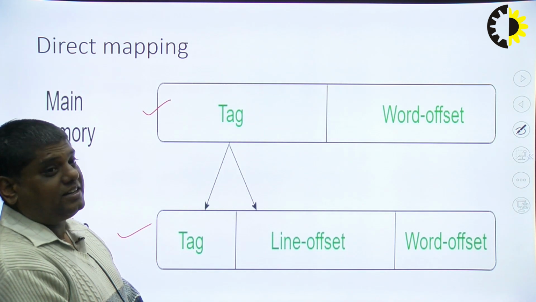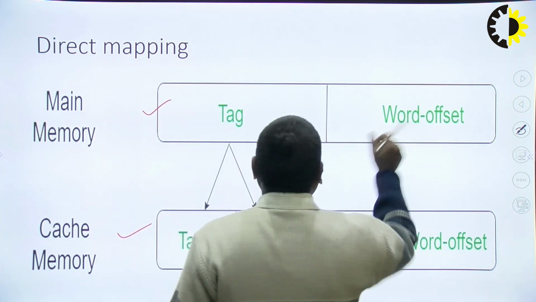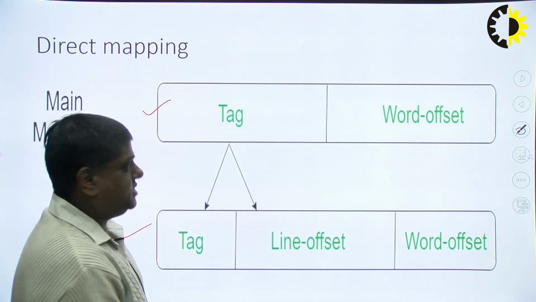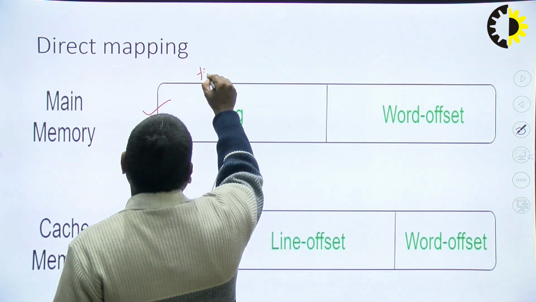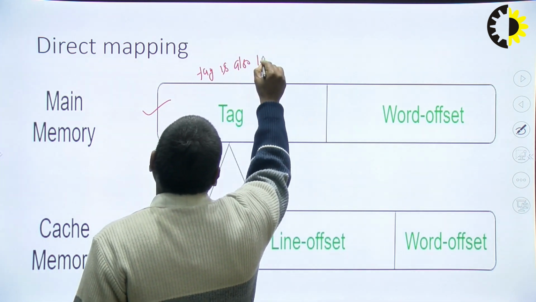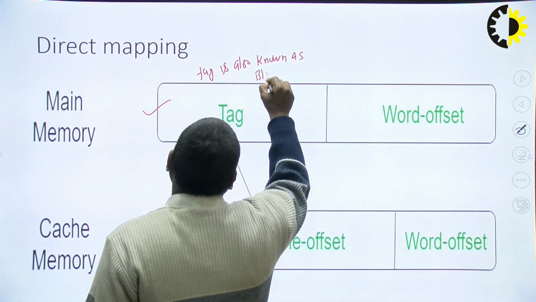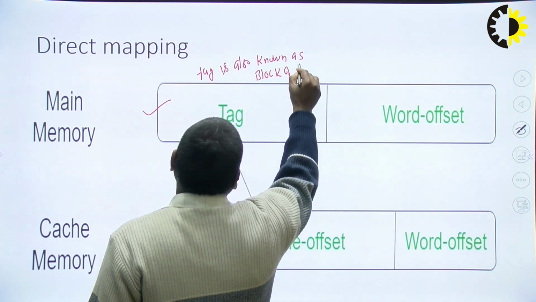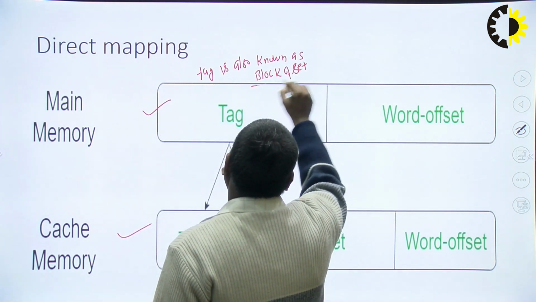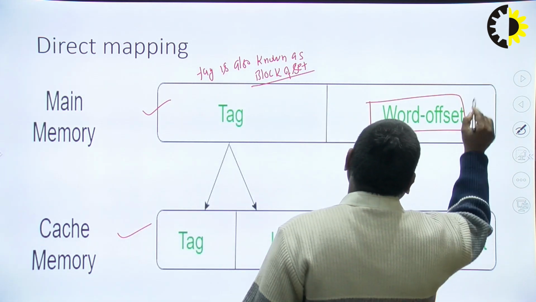The physical address is divided into two parts, the block offset and the word offset. Tag is also known as block offset, and this is the word offset.